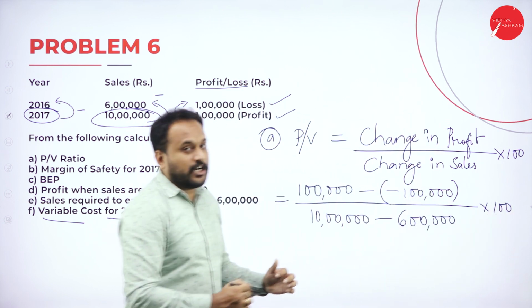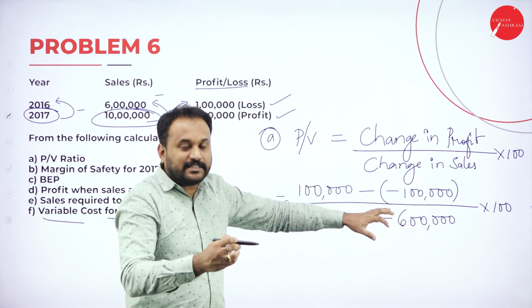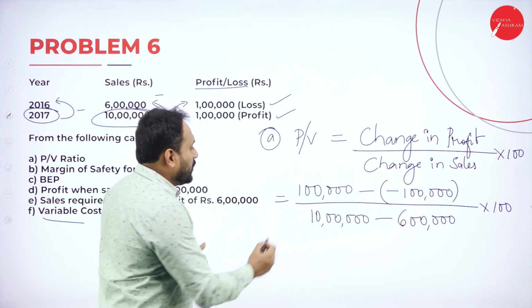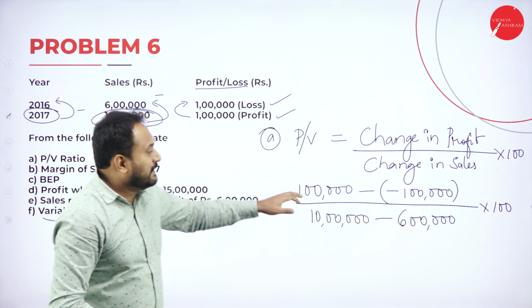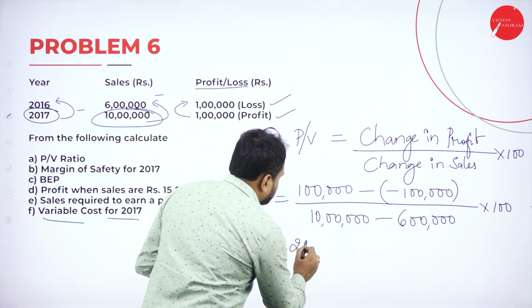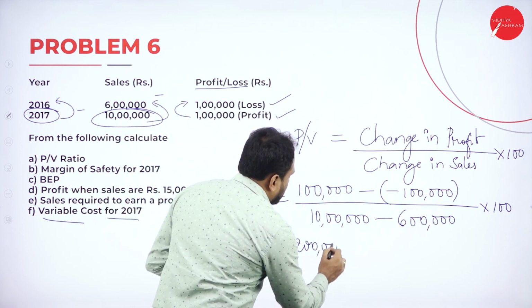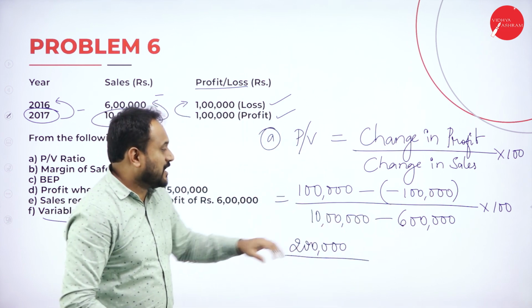Now you know why into 100, because PV is always represented as a percentage. So here 1 lakh minus of minus is plus. So we have 1 lakh plus 1 lakh is 2 lakh, equal to 2 lakh divided by 10 lakh minus 6 lakh, which is how much? 4 lakh.